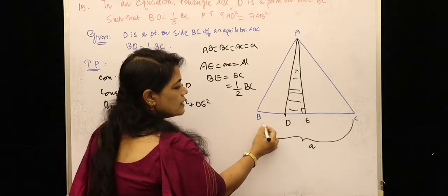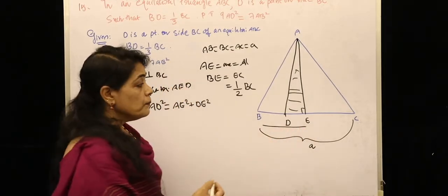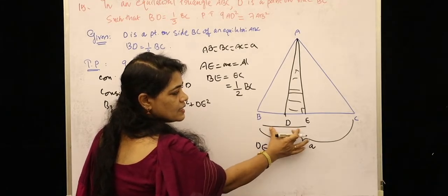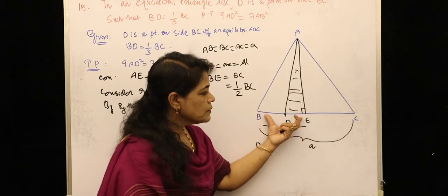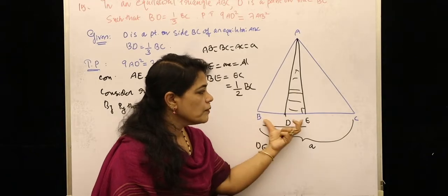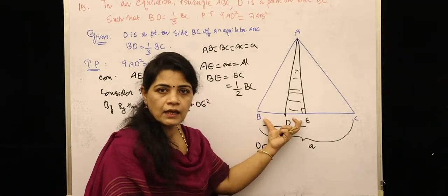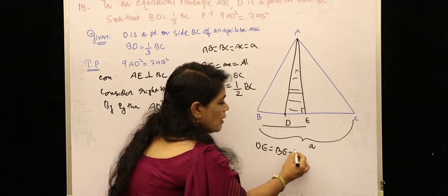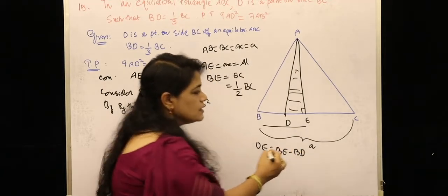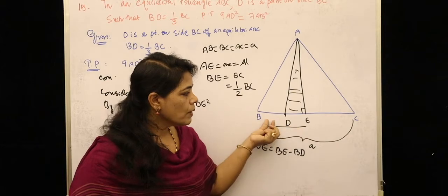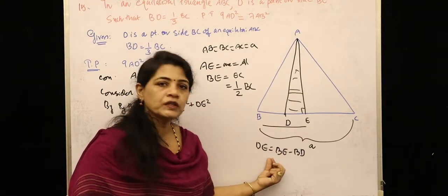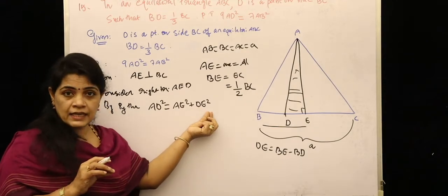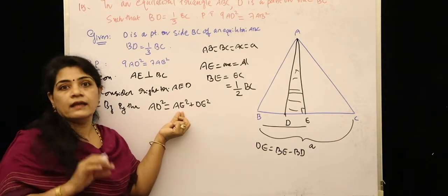If you subtract BD from the whole length BE, that will give you BE minus BD, isn't it? See children, BE minus BD equals DE, because we need to substitute for this DE and also AE.